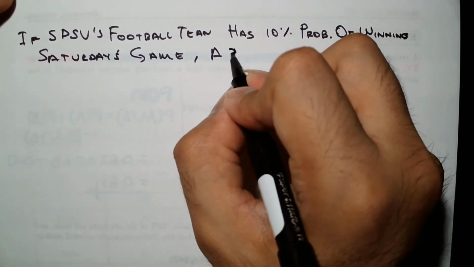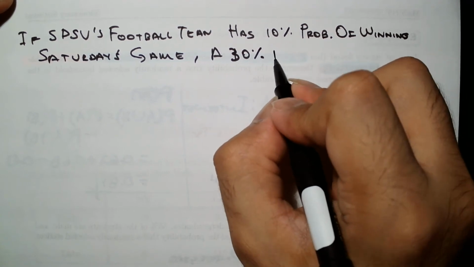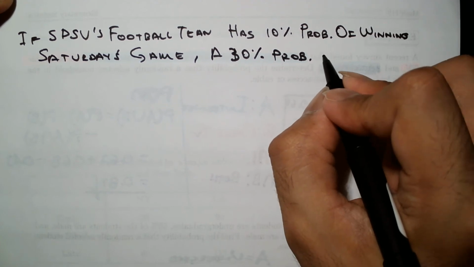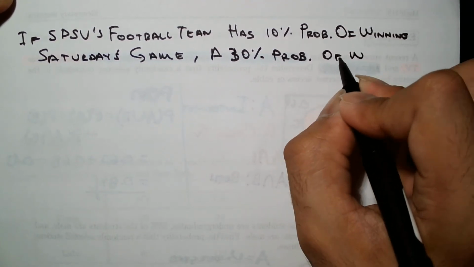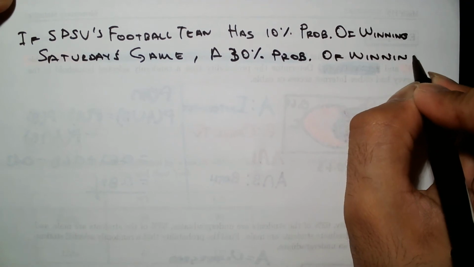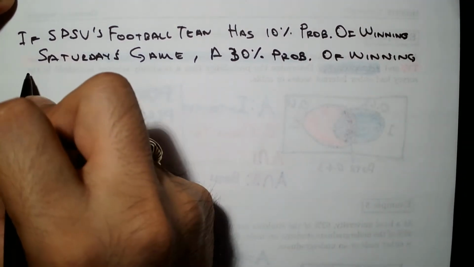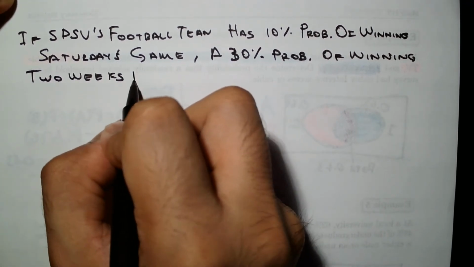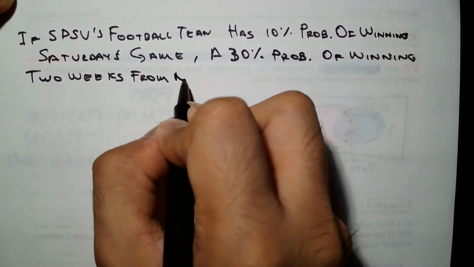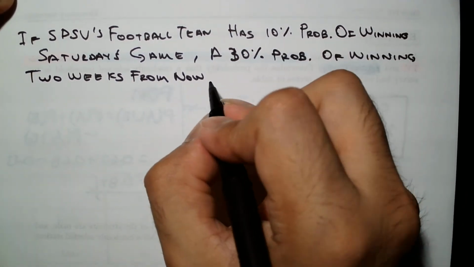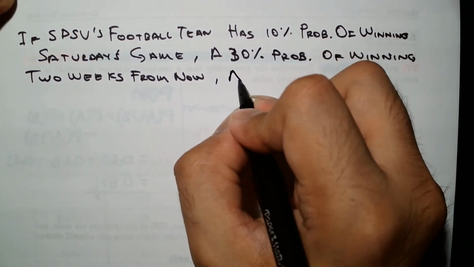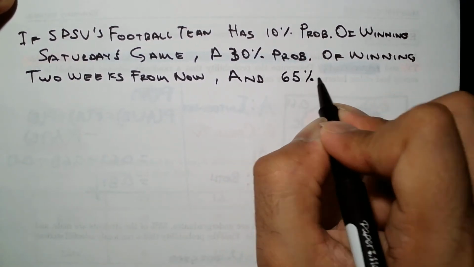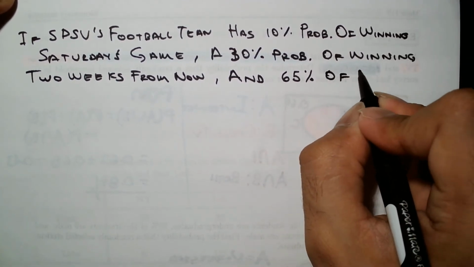A 30% probability of winning in 2 weeks, and 65% of losing both.